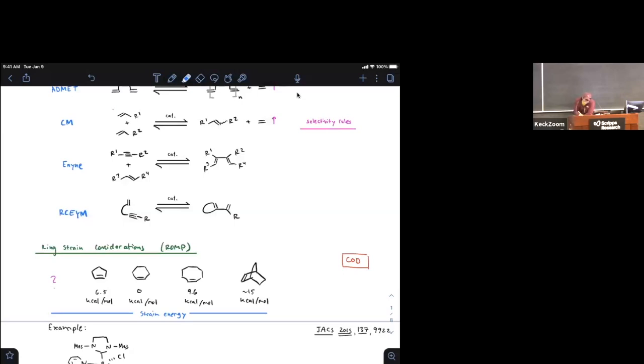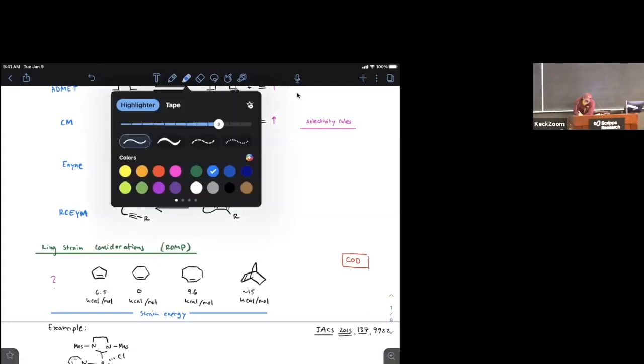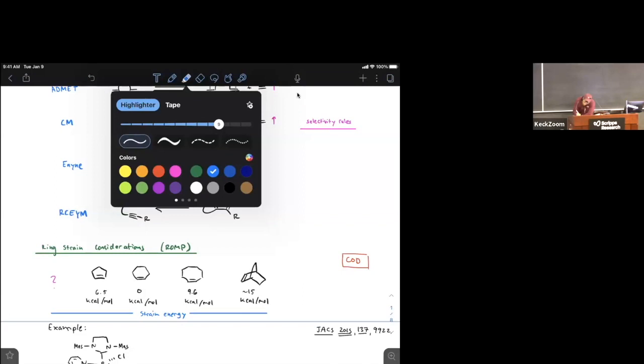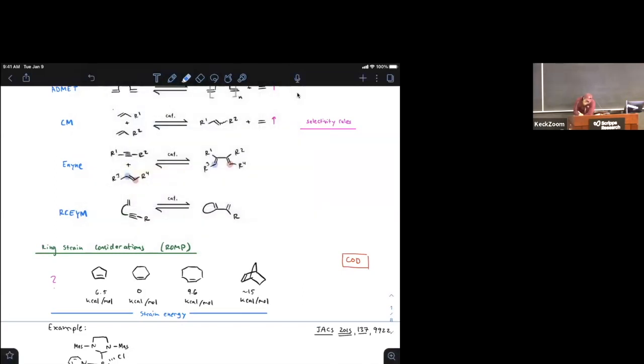I remember when I was learning about enyne metathesis, I was always confused about what the products should be from the starting materials. It wasn't obvious to me. And the heuristic that I like to use is just thinking about breaking the alkene into two constituent alkylidene components and then just sticking them onto the two consecutive alkynyl carbon atoms.